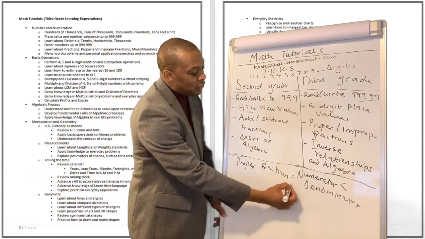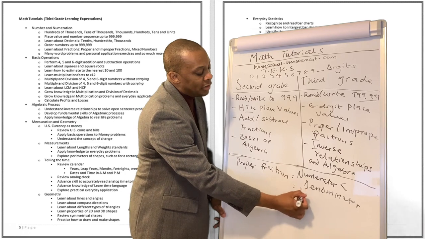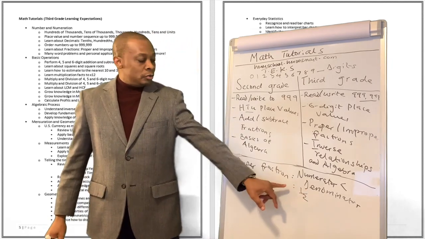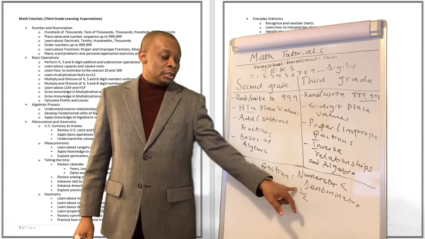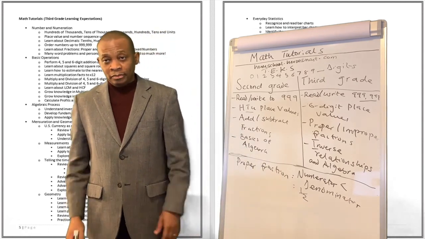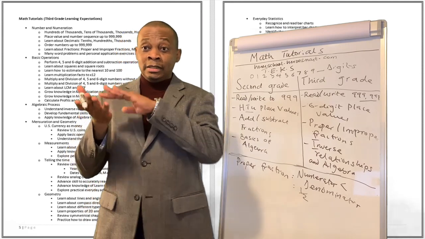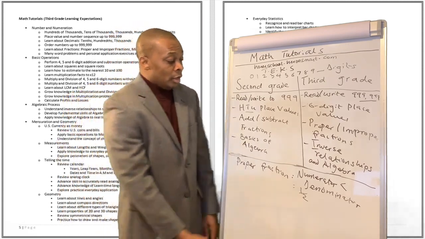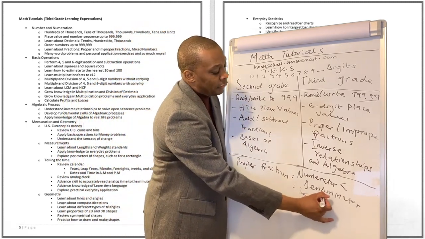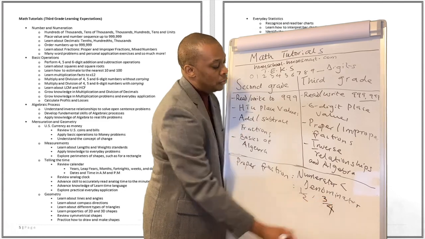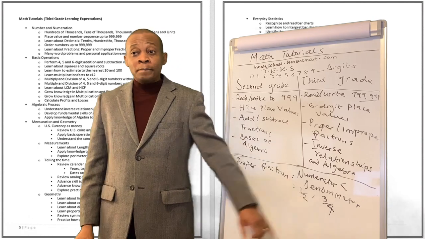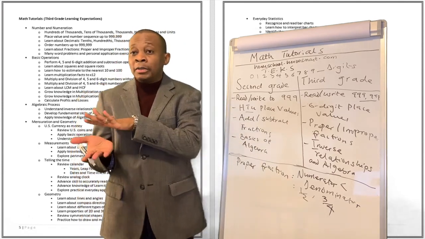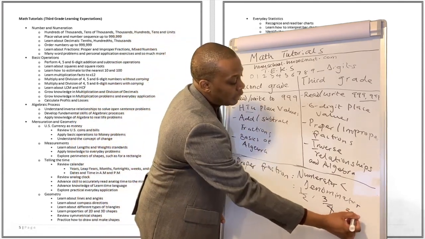So this is going to be an example of a proper fraction. 1 divided by 2, which is half, is a proper fraction because the numerator is less than the denominator. Another proper fraction is going to be 3 divided by 4. In other words, 3/4. Well, the numerator 3 is less than the denominator 4. So 3 is less than 4.